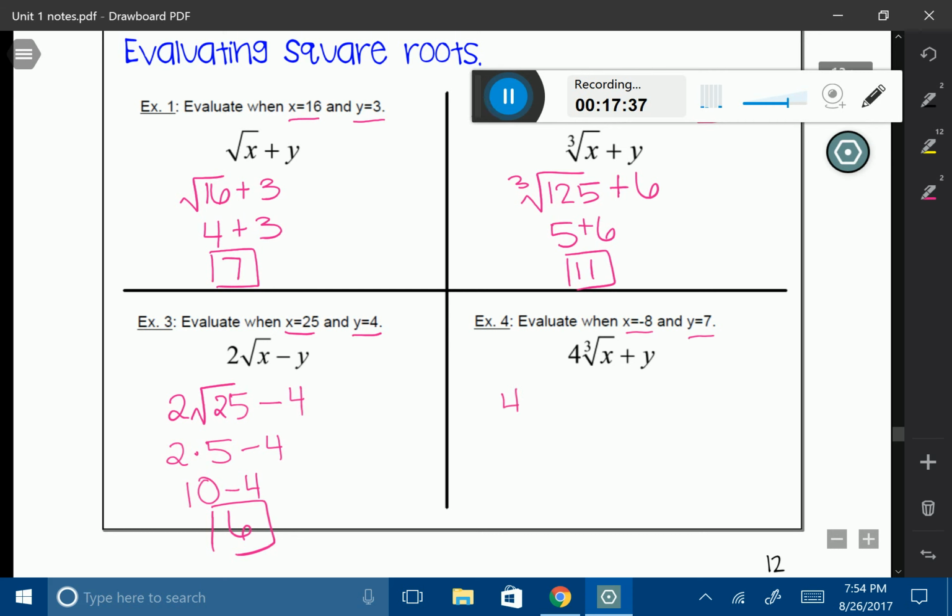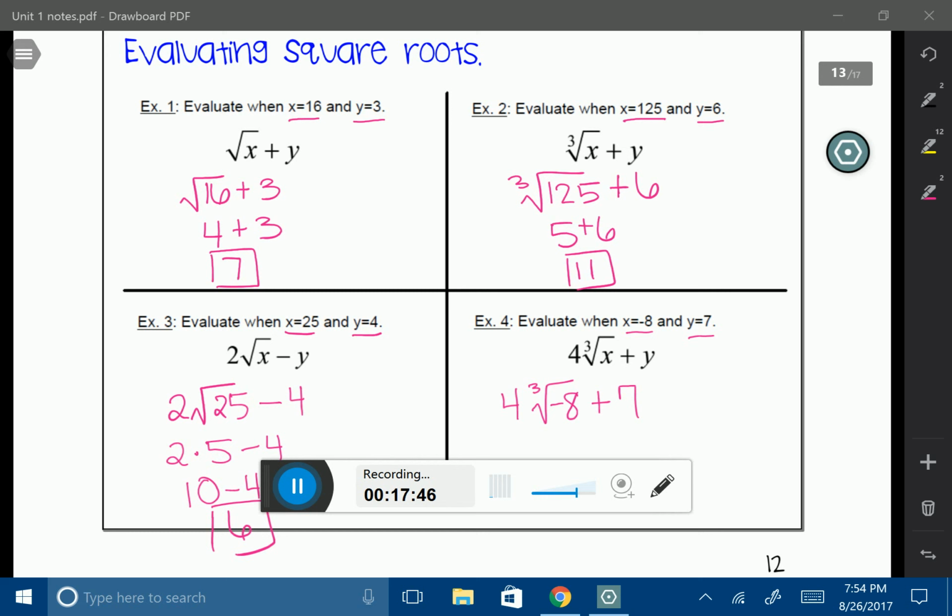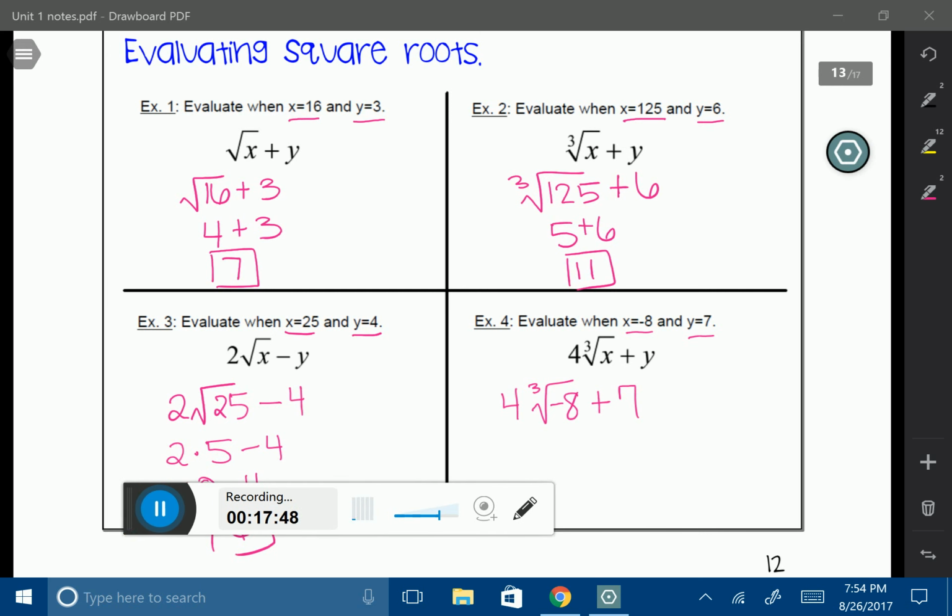And then my last one, evaluate when x equals negative 8 and y equals 7. So I have 4 times the cube root of negative 8 plus 7. Okay, 4 times, now the cube root of negative 8, remember it's a negative number inside, so you probably are looking for a negative number.